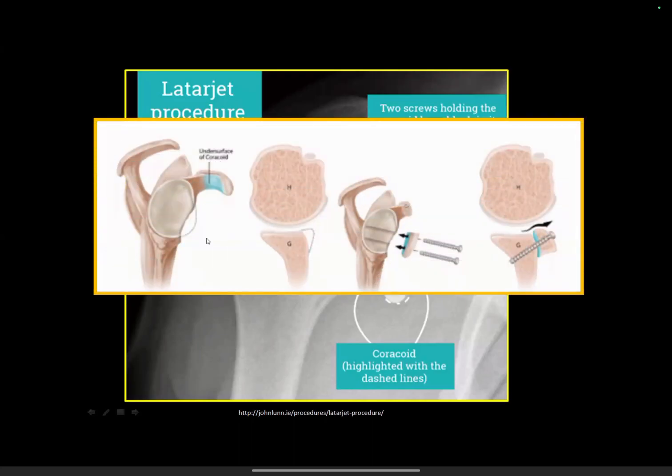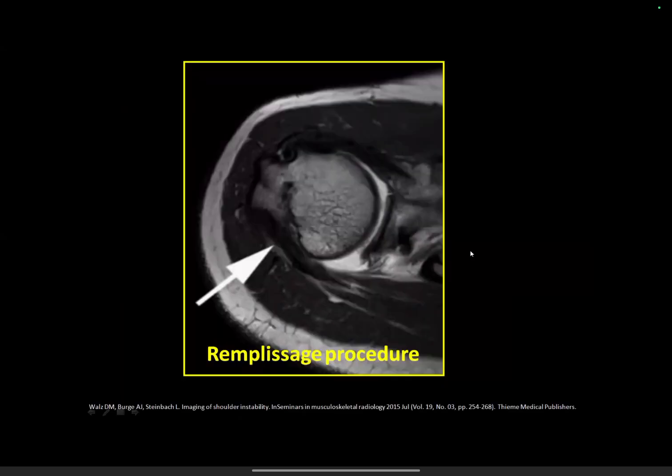As we can see, we remove part of the coracoid, and this is basically screwed into the anterior aspect of the glenoid. And as we said earlier, the Bernageau or West Point profile X-ray views are quite useful to evaluate these post-operatively.